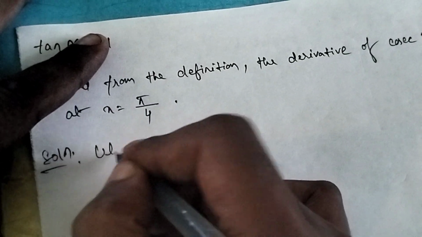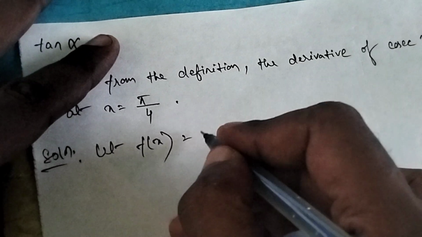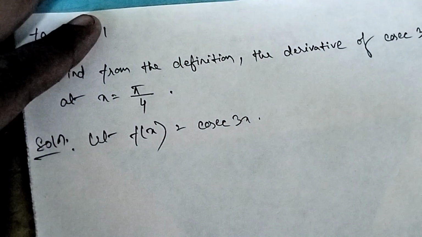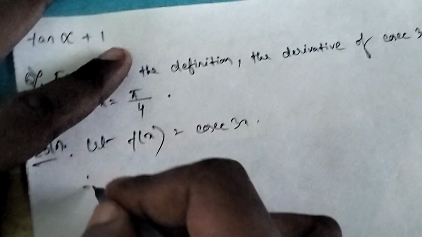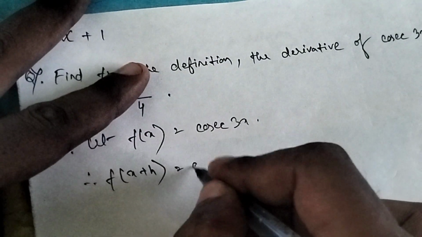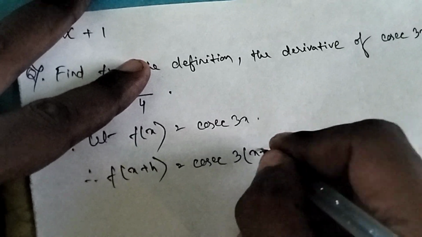Let f(x) is equal to cosec 3x. Therefore f(x plus h) will be cosec 3 into (x plus h).